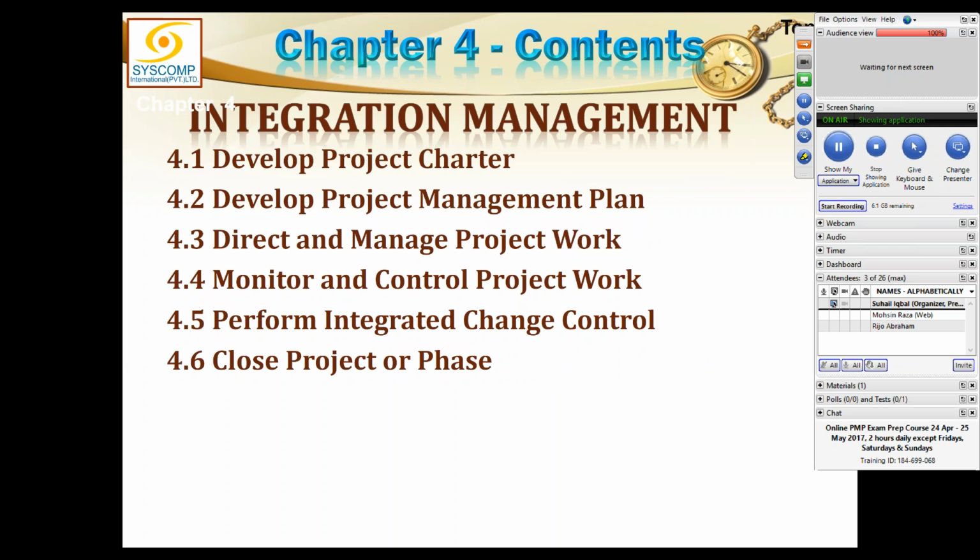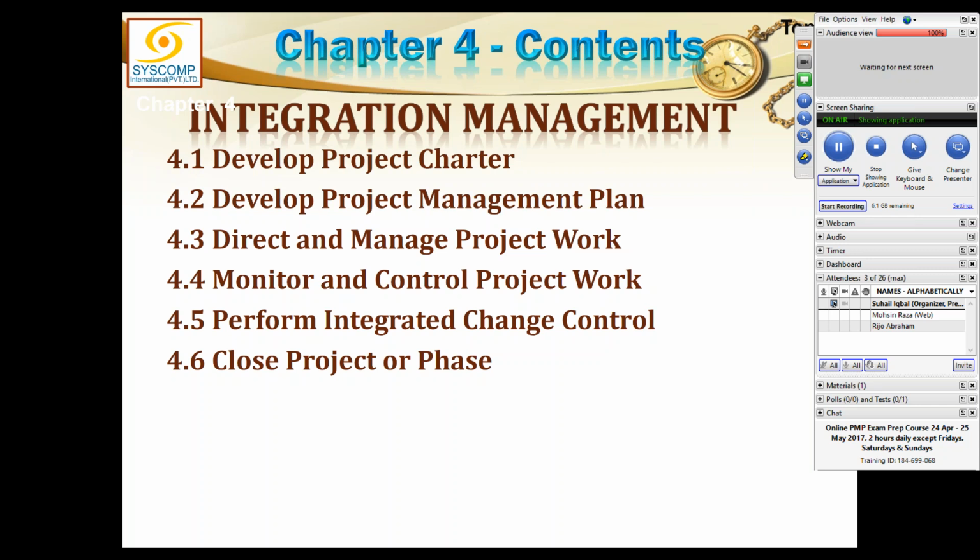So that's related to the execution, sir, of the plan. And execution is according to what? The plan, sir. To the project management plan. Yes. Execution has to be exactly in accordance with the project management plan.